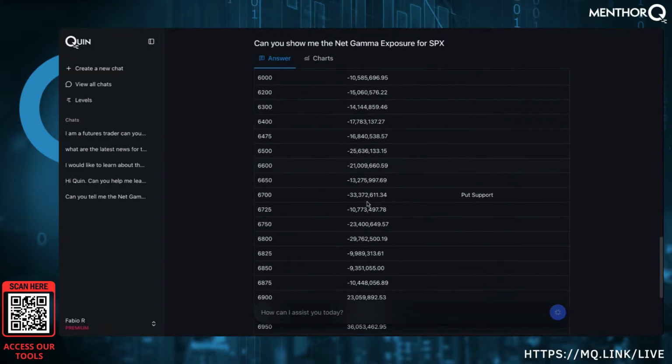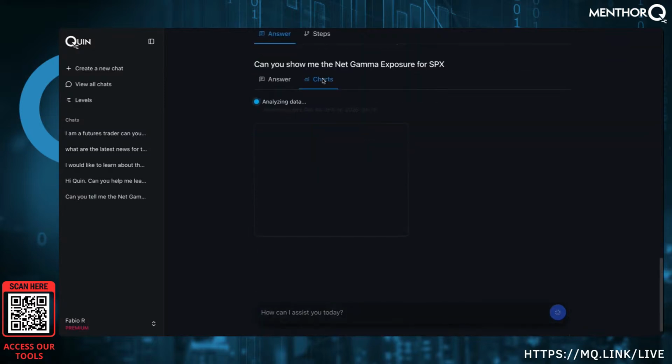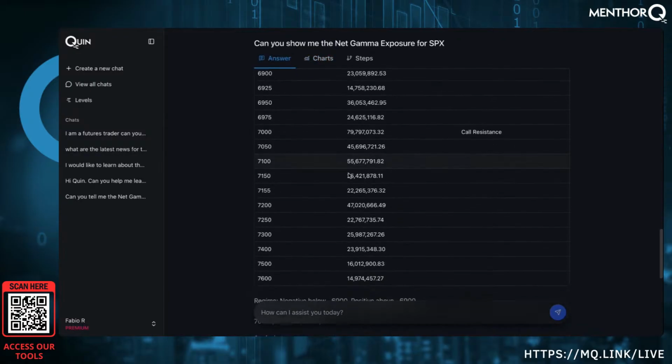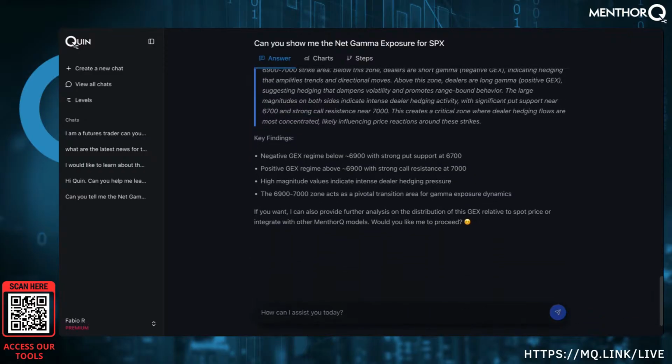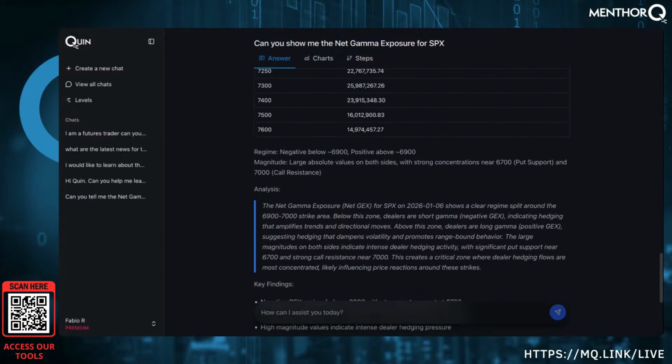You'll get access to the data here. You also get access to the chart, right? The same chart that you see in the dashboard. And then, of course, Quinn analyzes this for you and helps you understand. Then you can keep going, ask more questions. You can look at our Q score, our swing trading models, all of that stuff.